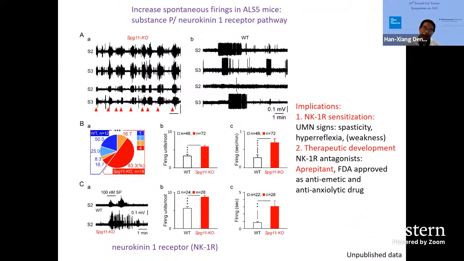Notably, there's one drug called aprepitant, which has been approved by the FDA as an anti-emetic and anti-anxiety drug, and has been in use for many years. So this suggests the pathway involvement, and drug development may go through this system.